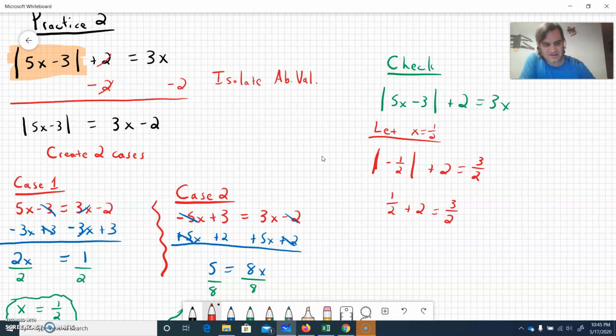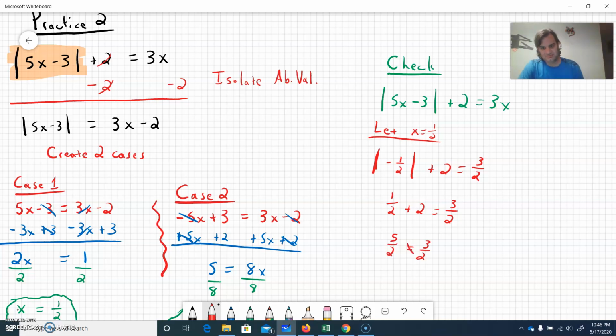Let's see if we can figure out the problem. Sorry, I just paused the video there so I wouldn't have to start all over, but something happened I wasn't expecting. So let's see here. 1/2 plus 2 would be 2.5, which is 5/2, equal to 3/2.